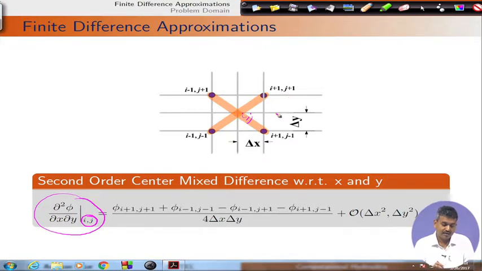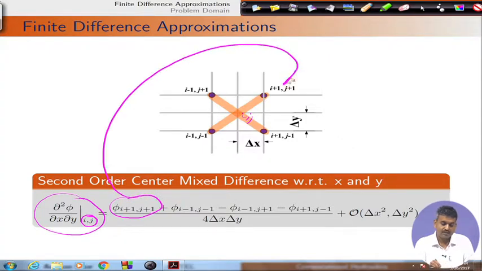So, this is i plus 1, j plus 1, which is positive, then i minus 1, j minus 1, this one, and i minus 1, j plus 1, and i plus 1, j minus 1.